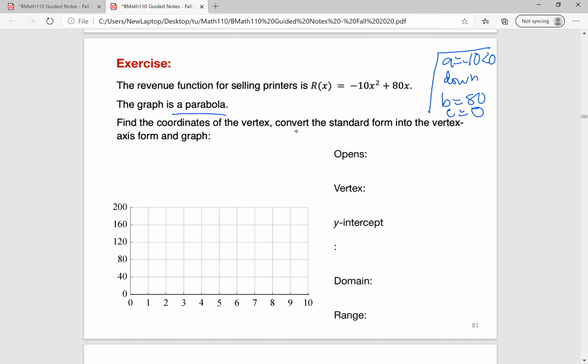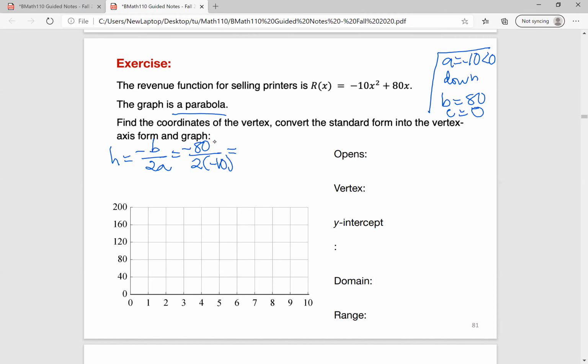The vertex, so let's see, H will be equal to -b/2a. So in here, -b is -80 over 2 times a, which is -10.